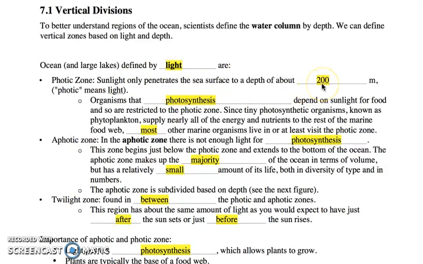It's about 200 meters deep. In this area, we have a lot of photosynthetic organisms because there's enough light to produce the energy. Phytoplankton is a very common source of plants. It is tiny microscopic plants that float in the ocean.